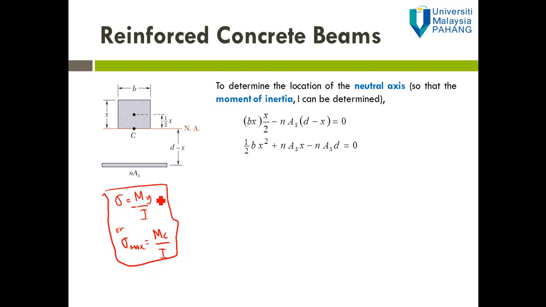In order to apply the flexural formula, first we have to determine the location of the neutral axis, so that we can determine the value of I. Without knowing the location of the neutral axis, we cannot determine the moment of inertia.